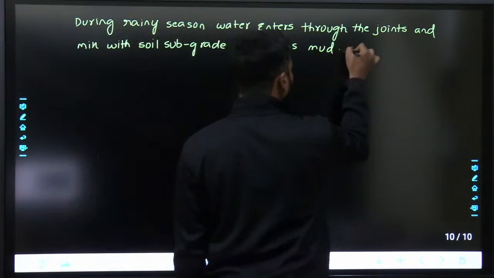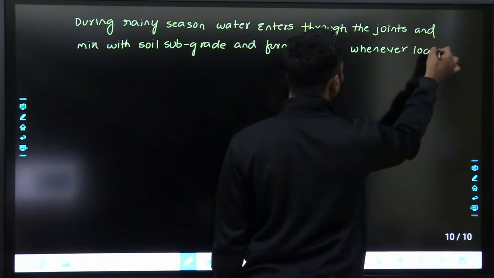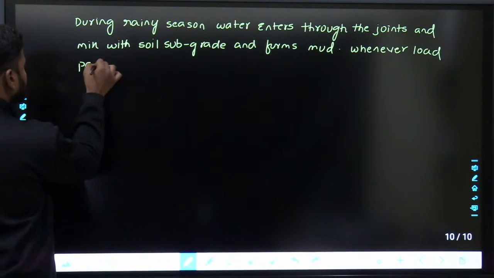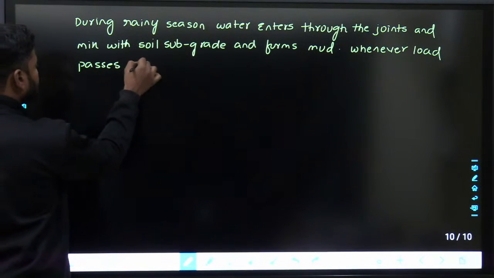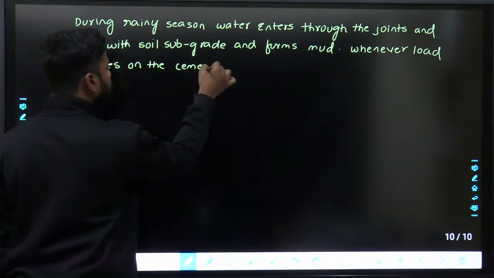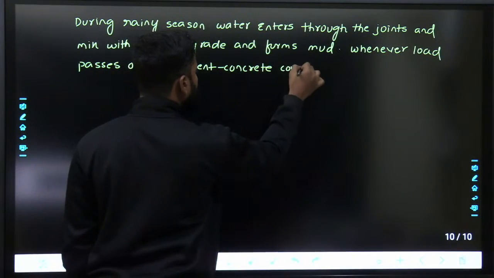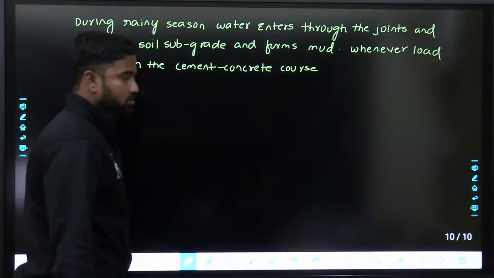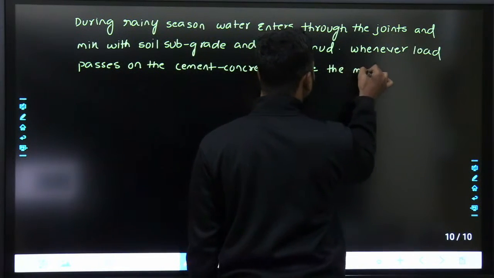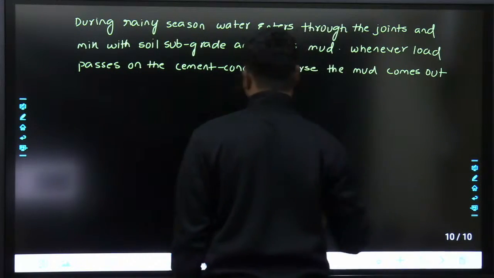Whenever load passes on the cement concrete course, the mud comes out of the joints.